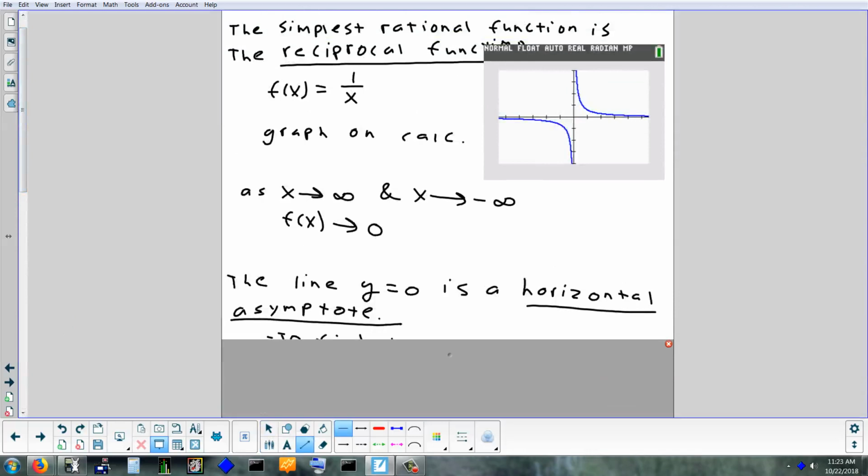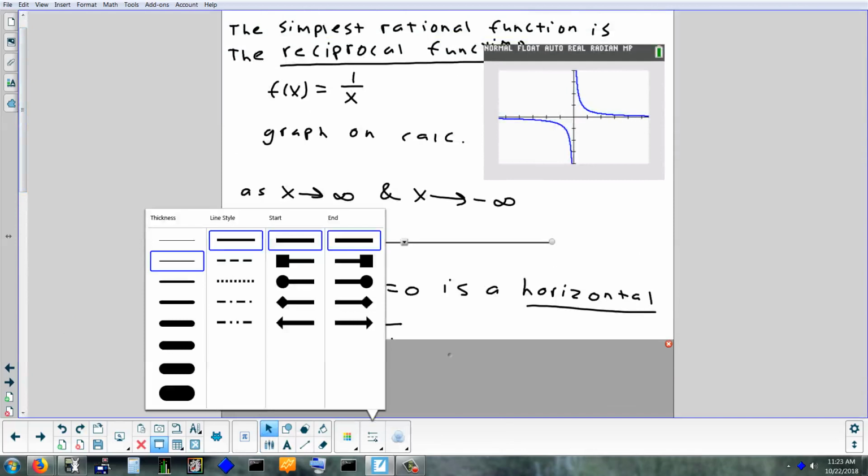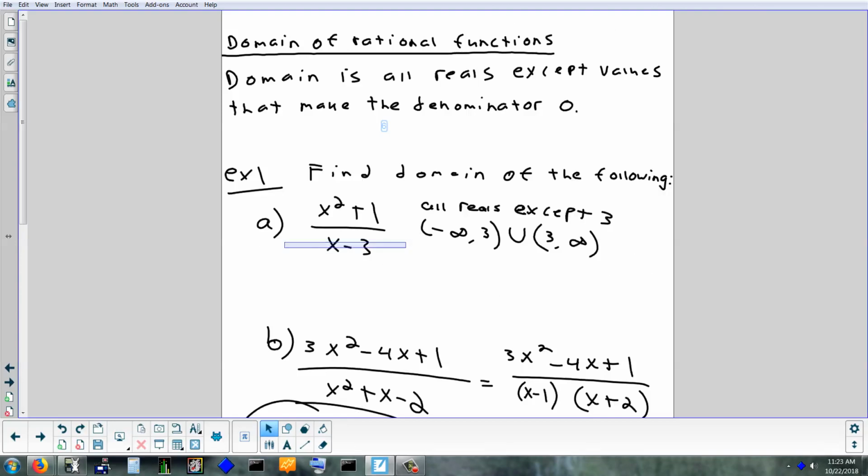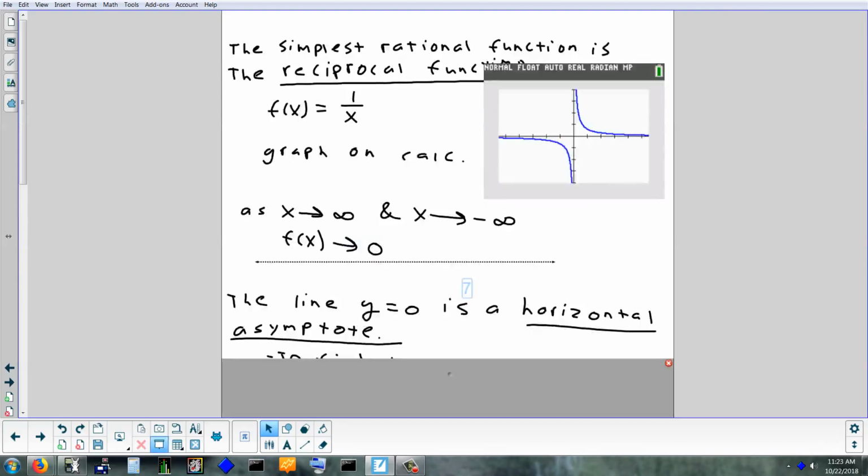And the way we usually show it is we take the line. It's usually a line, so let's make it a line. It's going to be small, so I don't think you're going to see the arrowheads on it. We make it a dotted line, and we would put that right in there.